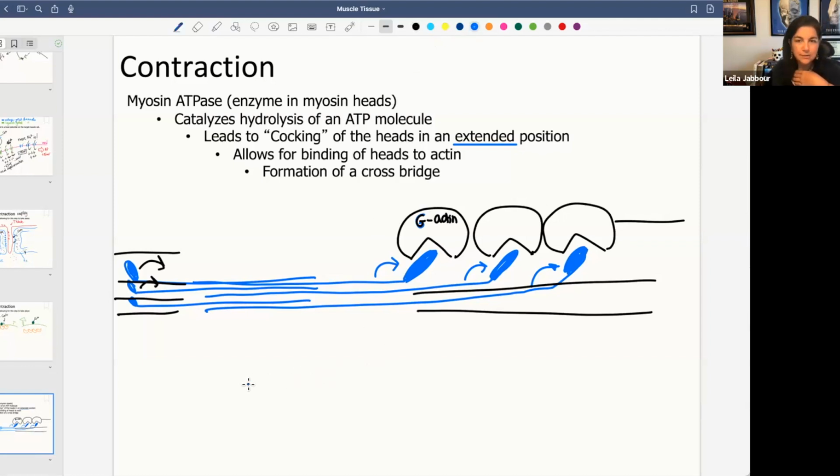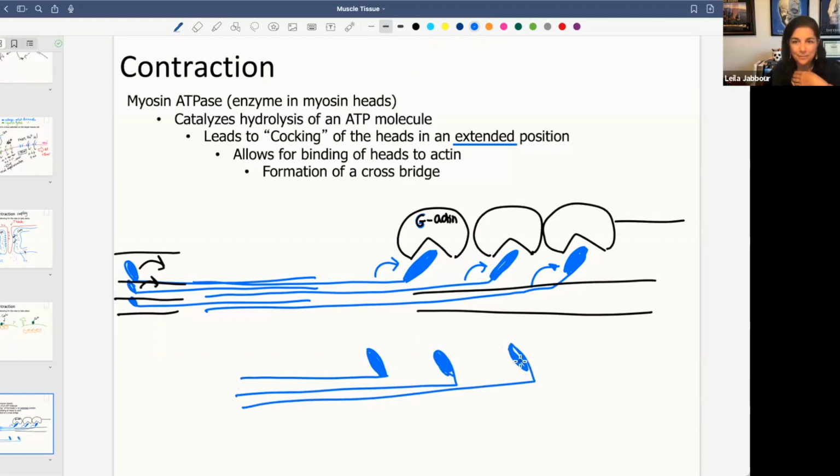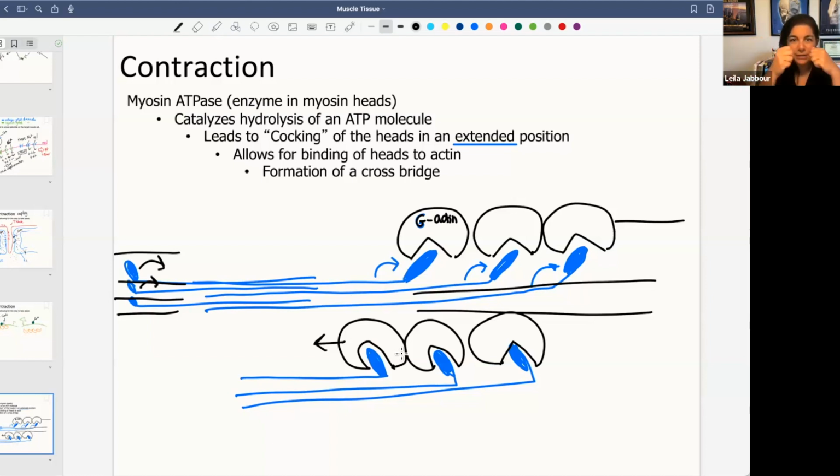So let me draw this flexed head. I'm exaggerating a little bit here, but that's okay. So these heads, once they flex, think of it as a ratcheting movement, and this is happening on both ends, right?